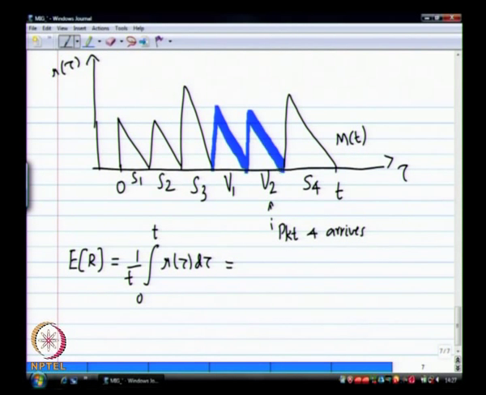We will use the term L of t, so L of t is the number of vacations during this period. M of t is the number of completions.